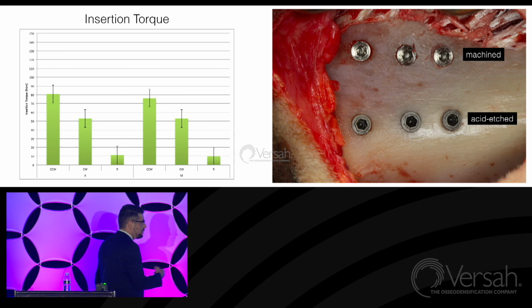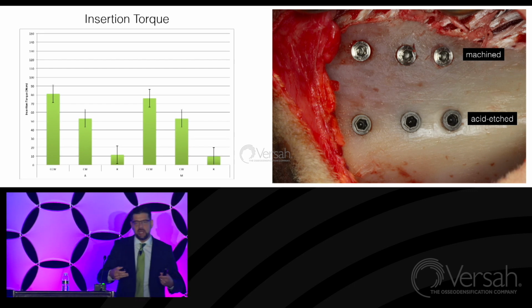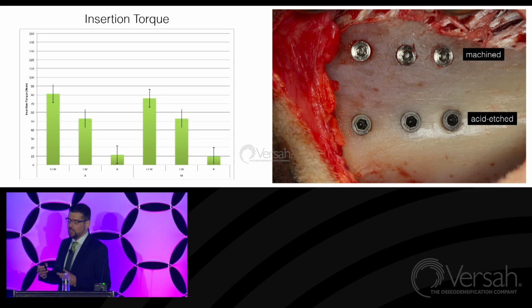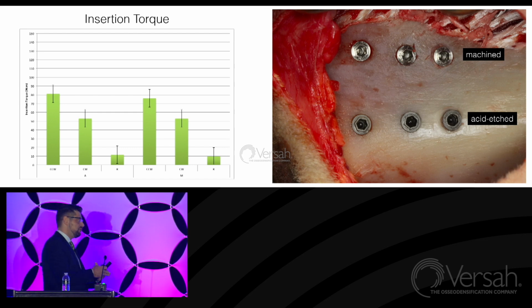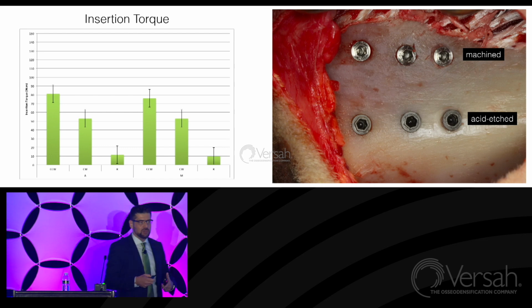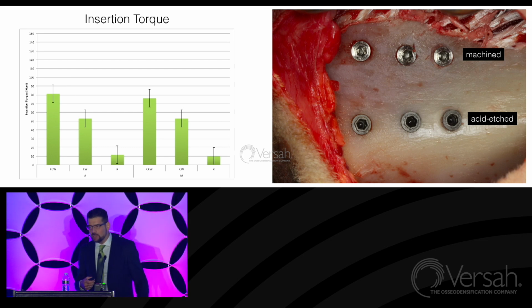So one day we were talking about this whole shift that happened in the 90s, with all implants having rough surfaces and everything else. And we thought, wow, if you can create this lamina dura with densification, what would happen if we try to use machined implants again?